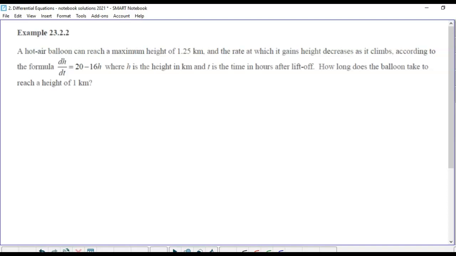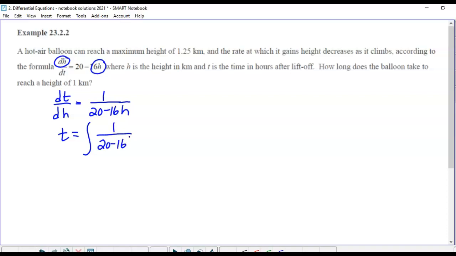So we actually have to find a value for this. So we want to take a look at it. This is dh/dt, and it's in terms of h. So let's take the reciprocal. Okay, and then t will equal the integral of that. So you can use substitution, or you can do this in your head.